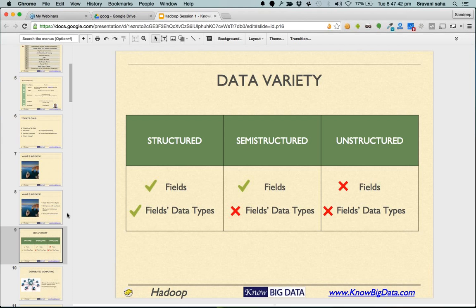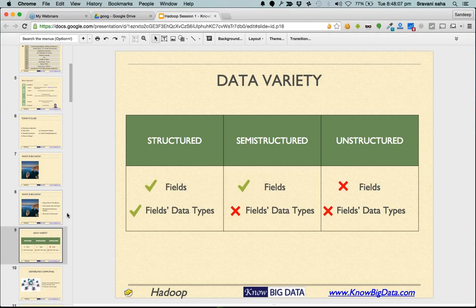Whenever we are inserting something into MySQL, MS SQL or Oracle, we clearly define that it has to be a table, this table has these many columns, and each column has this data type. That is structured data. Semi-structured data is when we know the fields, but we do not know their data types.